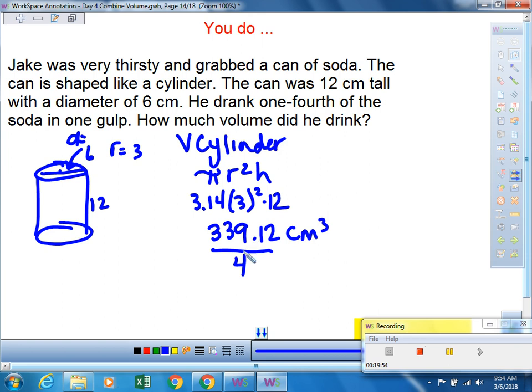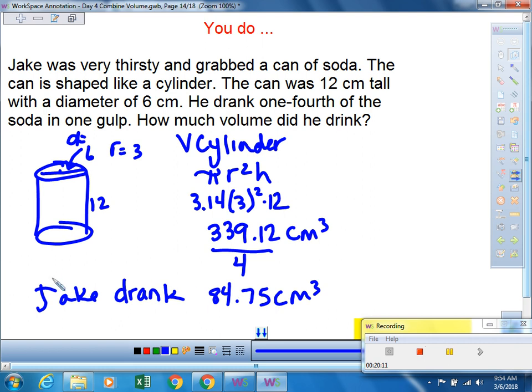So what's 339.12 divided by 4? 84.78. So you would say Jake drank 84.78 centimeters cubed. And that's it.